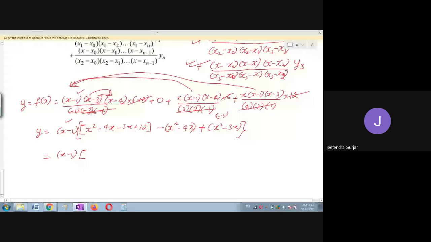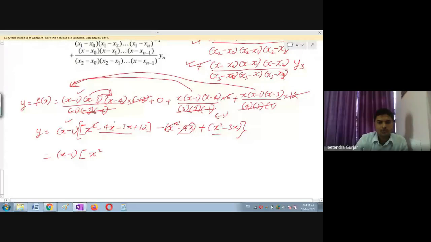So this will get cancelled. This x square will remain. So x square I will write. Here I have x minus 4 minus 3, which will be minus 7, minus into minus plus. So again 4x and this 4x will get cancelled, because minus into minus plus will become, this is minus 4x. This is minus 3x, therefore I will make it 2.